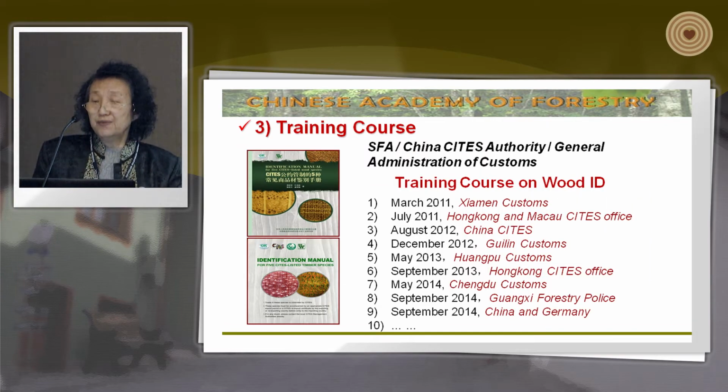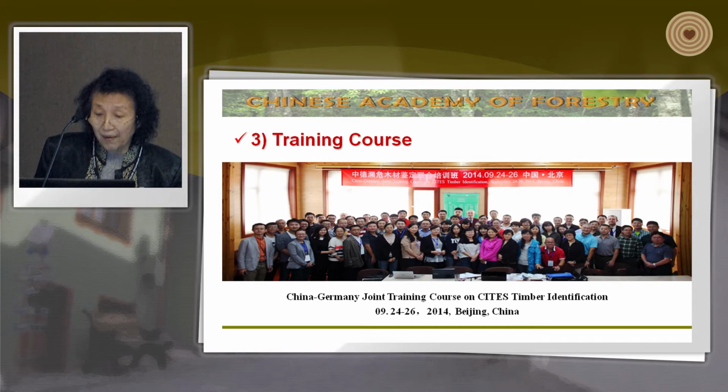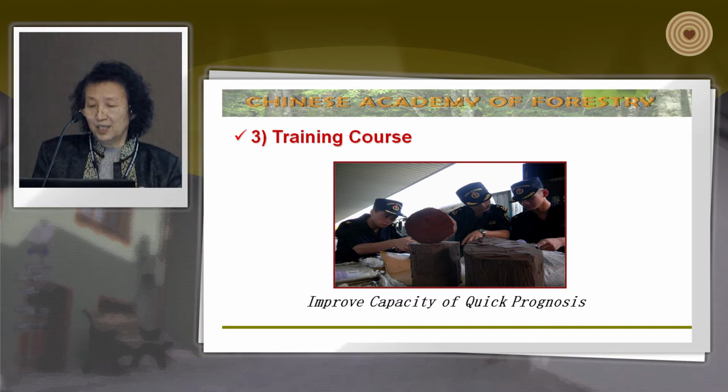Also, we do a lot of training courses on wood ID, for example more than 10 times, such as for Xiamen customs and Hong Kong and Macau CITES offices and so on. This picture shows the China-Germany joint training course on CITES timber identification last year in our academy. The purpose of the training course is to improve the capacity of quick diagnosis.